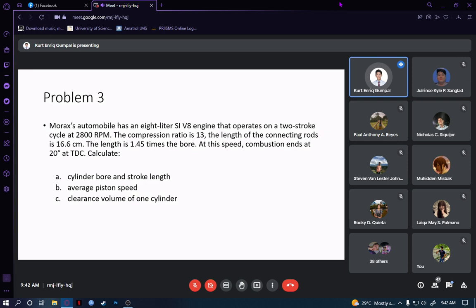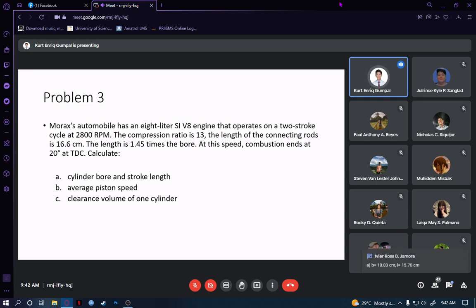Okay? So 1,000 is equivalent to pi over 4 times your bore, let's say x squared, your bore squared, times your length. What is the length? Our length is 1.45 times your bore. So that is 1.45x. So your equation becomes 1,000 is equal to pi over 4 times 1.45x cubed.